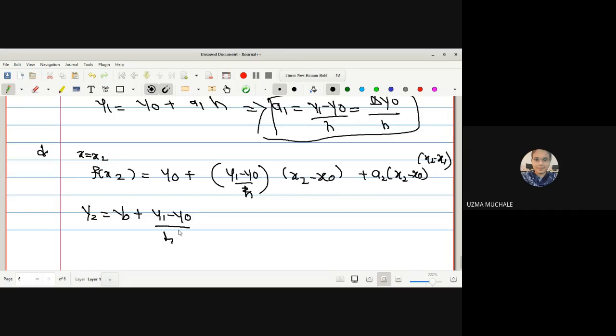What is x2 minus x0? From the relation xn is equal to x0 plus n h, what will be the relation for x2 minus x0? 2h, right? 2h, plus a2 into 2h into x2 minus x1, which will be simply h because the difference between two consecutive terms is h.